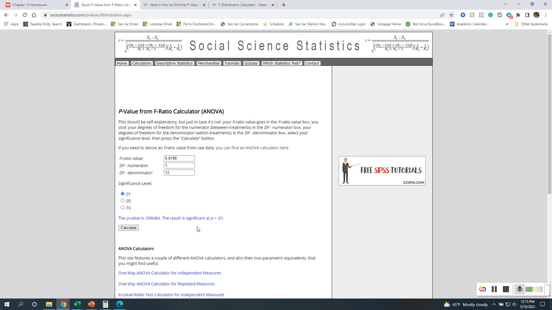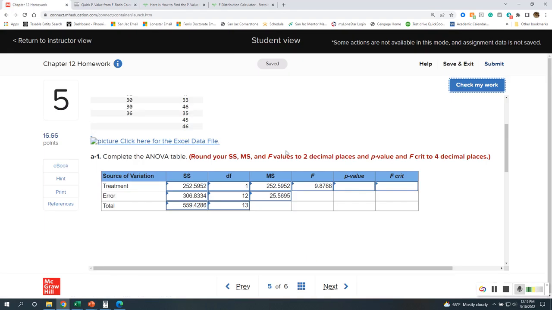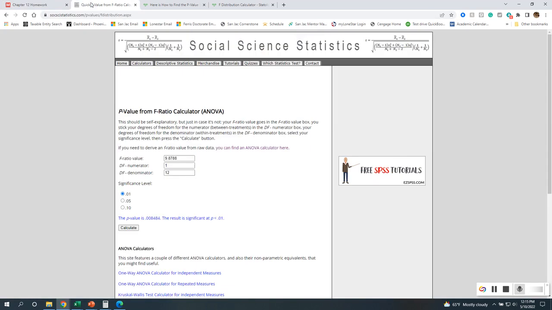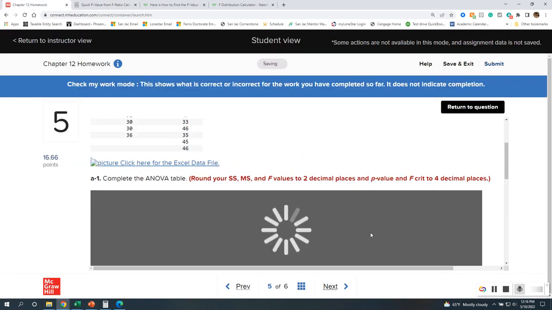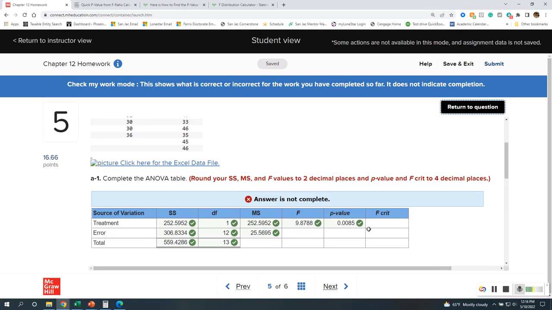Calculate. Looks like 0.0085. There we go. So, yeah, I have no idea why the p-value didn't work on the previous ones. It could be just that small rounding issue that's throwing everything off.